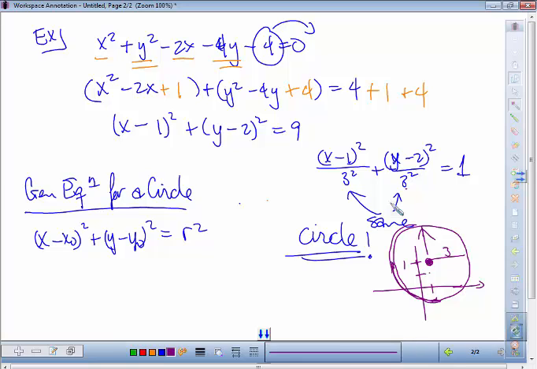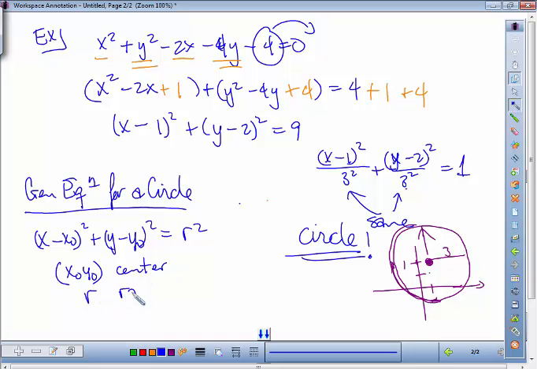Let's try another one where we're actually looking at an ellipse. Just in case it wasn't clear, for the equation of the circle, the x naught comma y naught is your center point, and then your r is your radius.